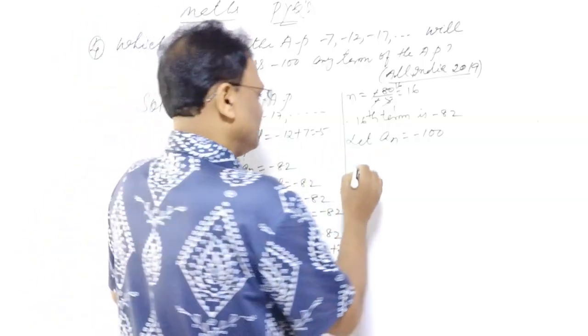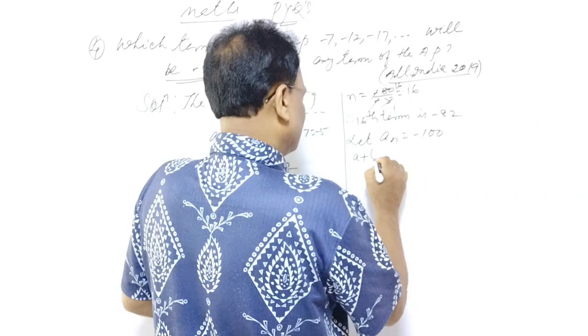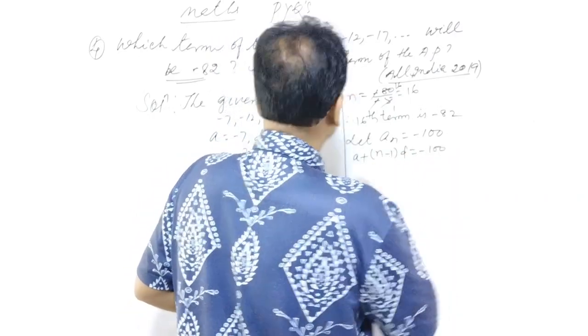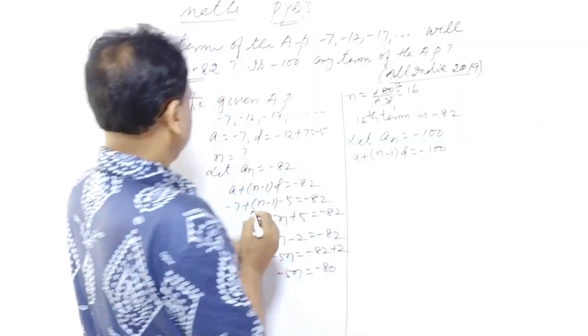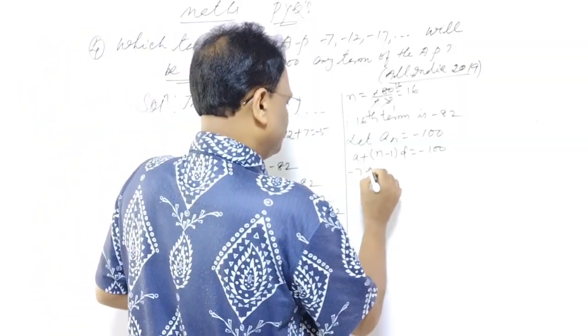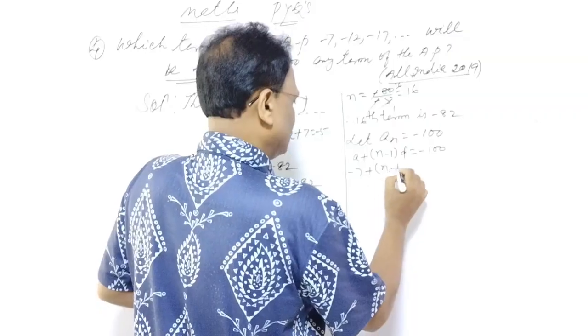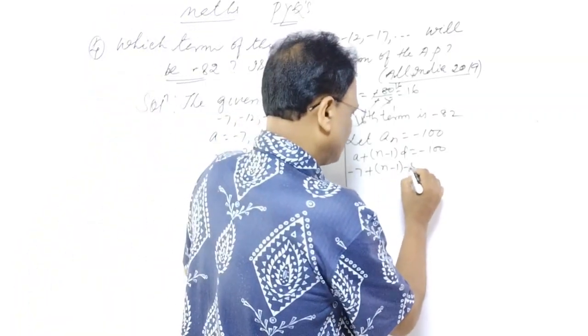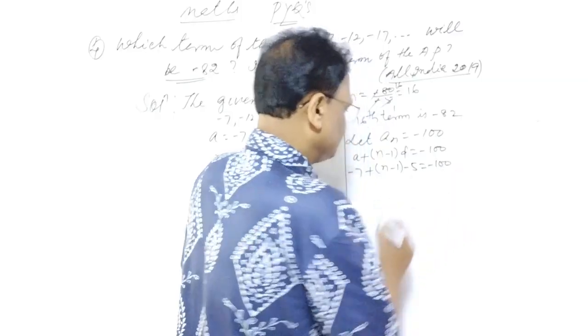A plus n minus 1 into D equals minus 100. My A is minus 7 and D is minus 5.